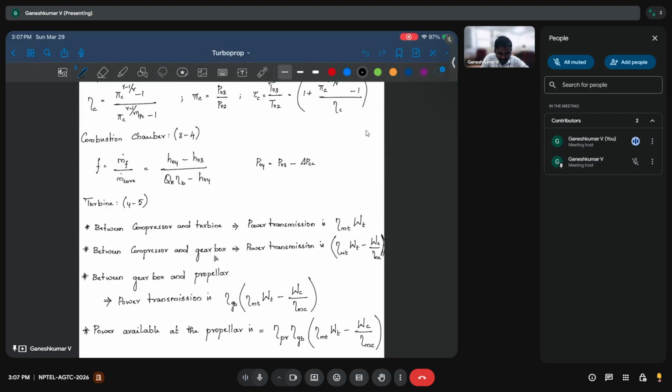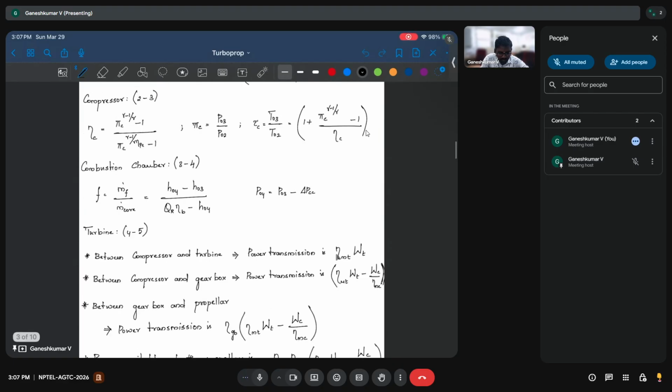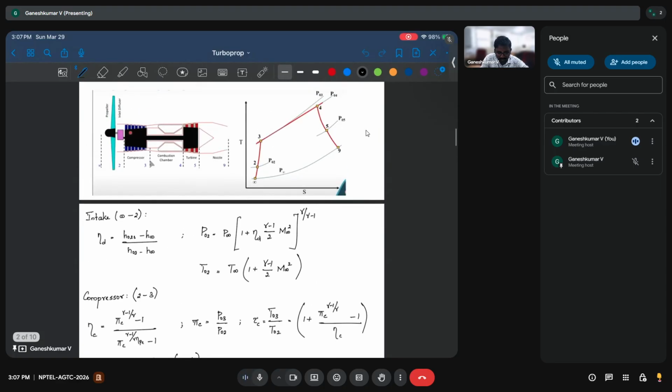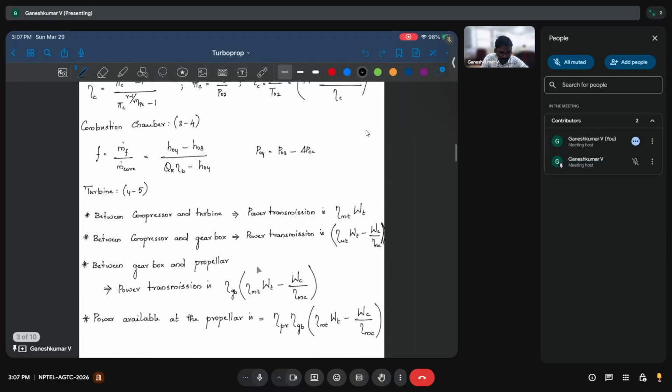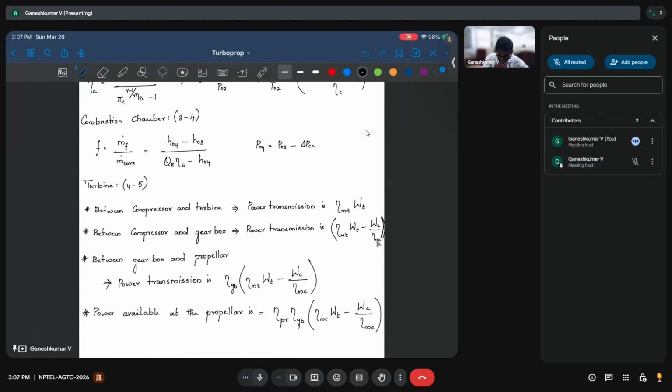And then between compressor and the gearbox, you have the mechanical efficiency eta_mc, and then between gearbox and propeller you have the gearbox efficiency, which you need to multiply. Finally, all the power provided to the propeller is not exactly used, so you again have a propeller efficiency. So this is the total power available at the propeller.